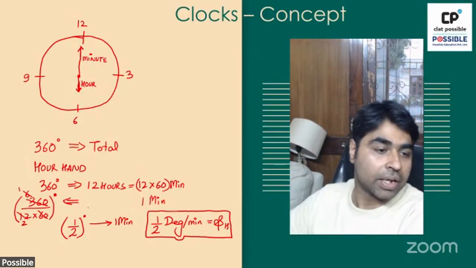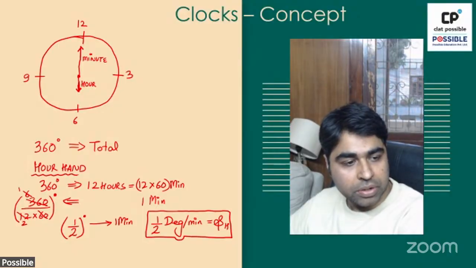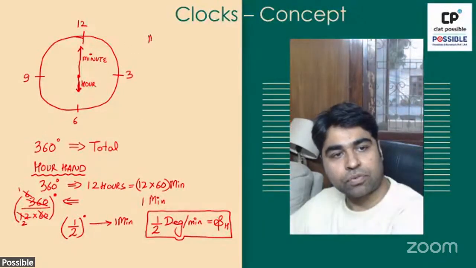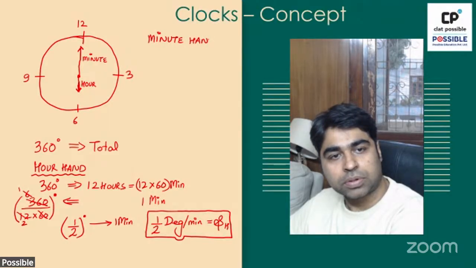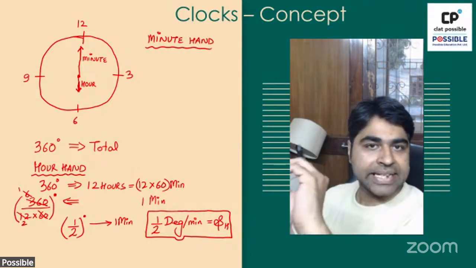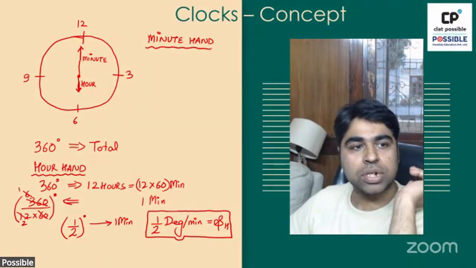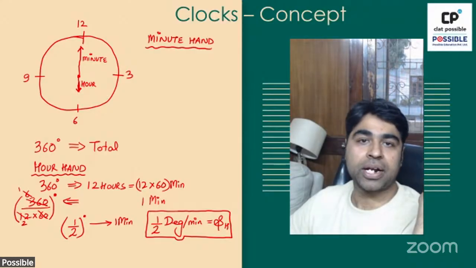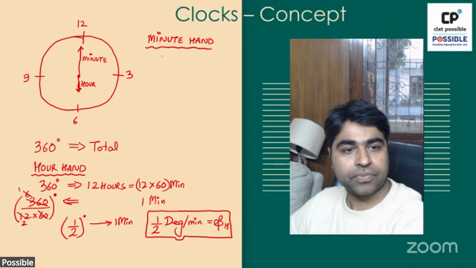And when we talk about the minute hand, guys, then what will happen? Like at exactly 6 o'clock, the minute hand was at 12. When will the minute hand be at 12 next? Exactly at 7 o'clock, right?